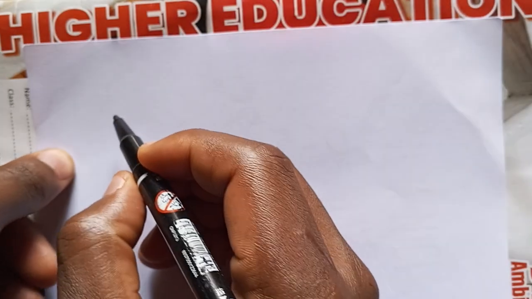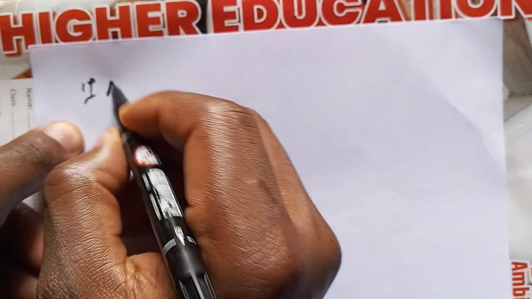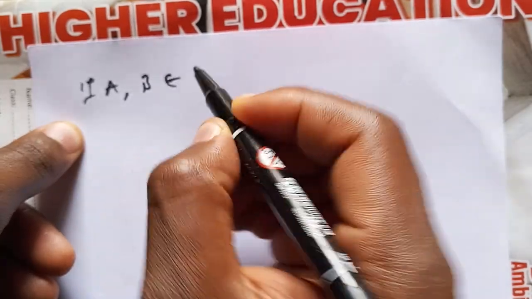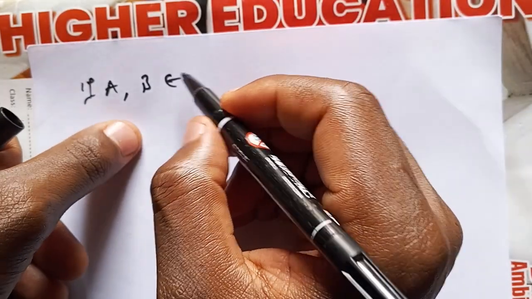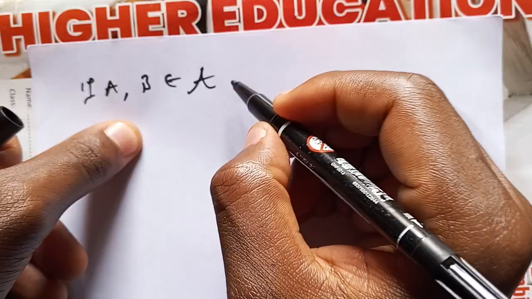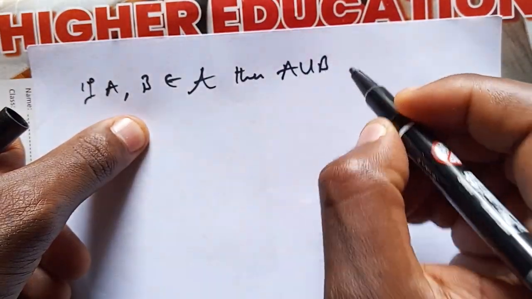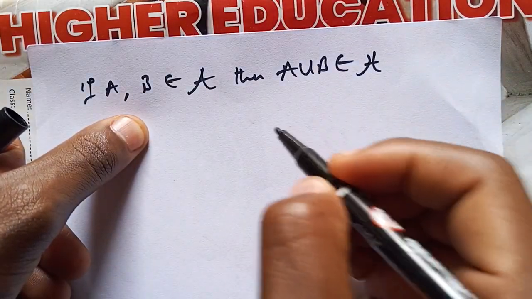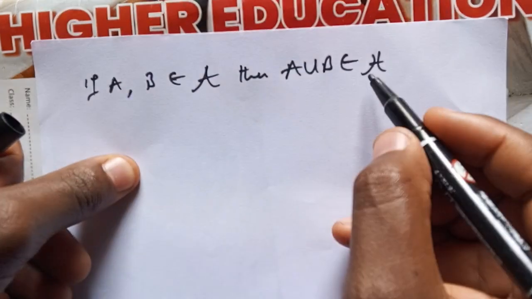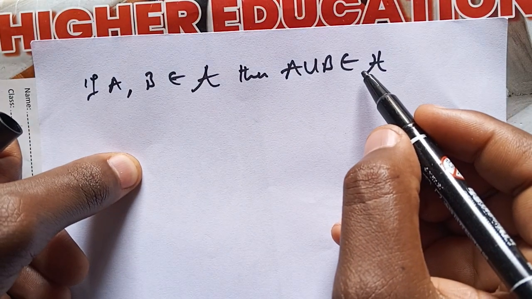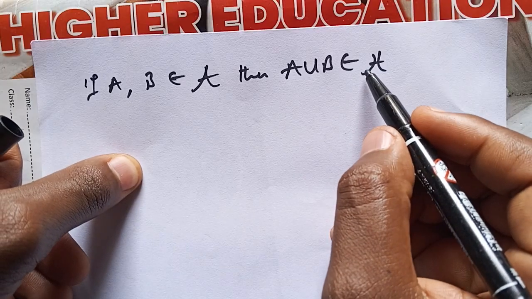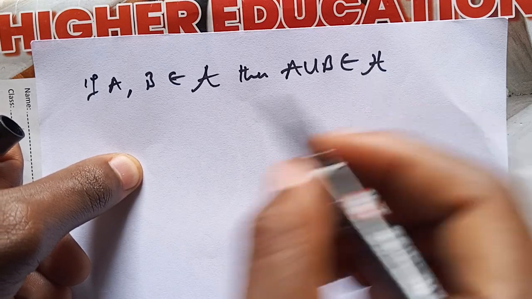The third property says that if A and B are elements of the sigma algebra, then the finite union is in this sigma algebra, right? So if I can show that this holds in a sigma algebra, then definitely this sigma algebra is an algebra.